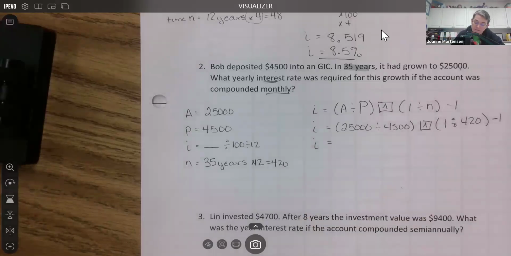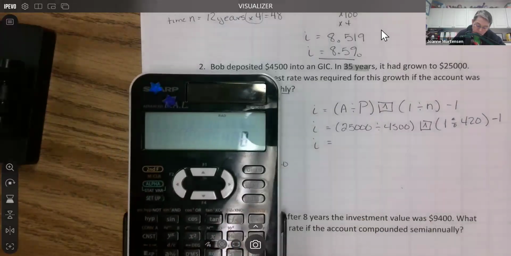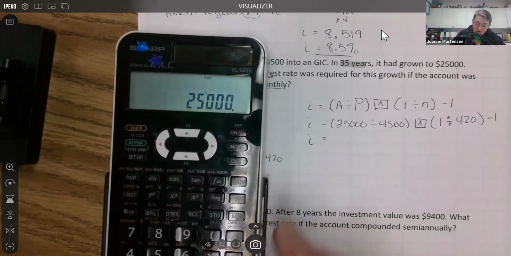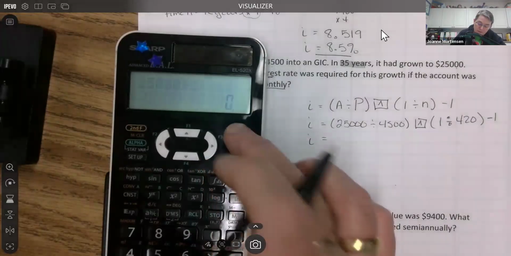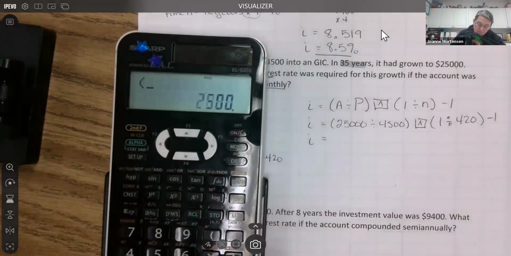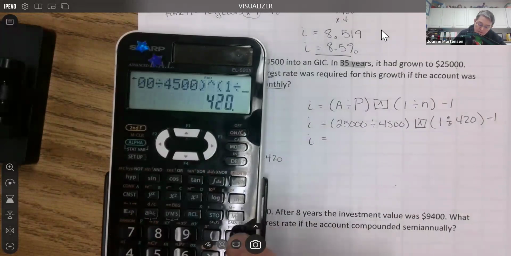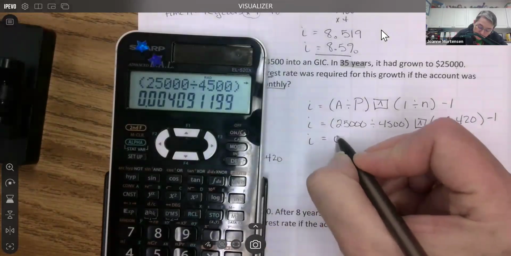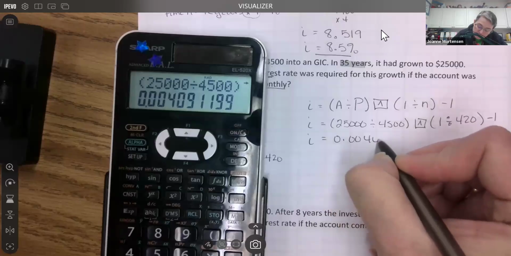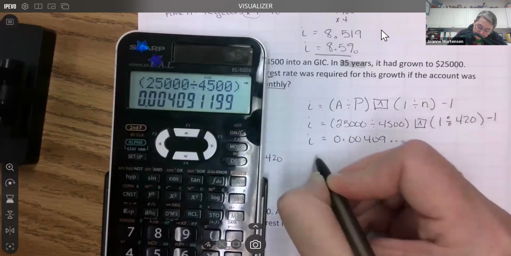I is equal to, let's put my brackets in, 25,000 divided by 4,500, exponent 1 divided by 420, close my bracket, minus 1. 0.00409, and there's some more.